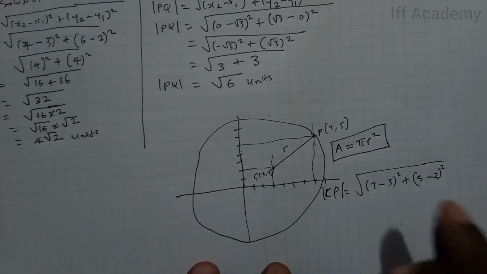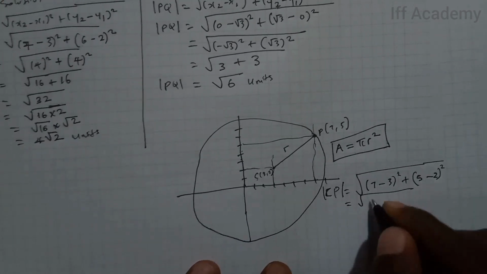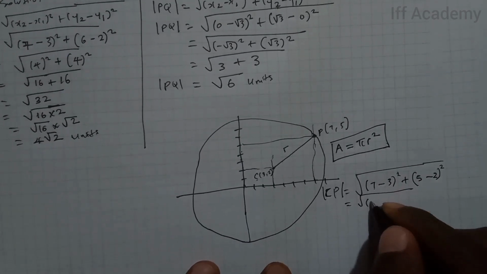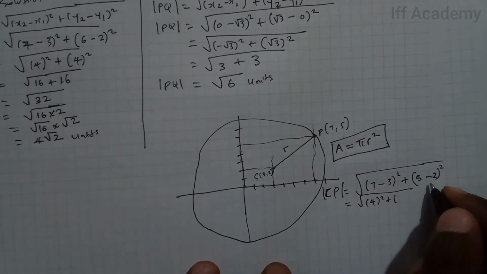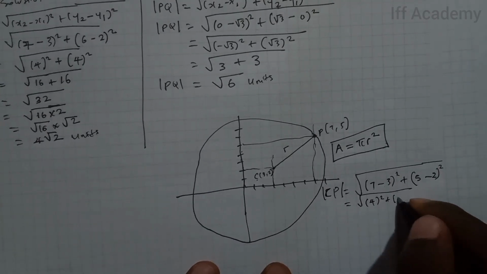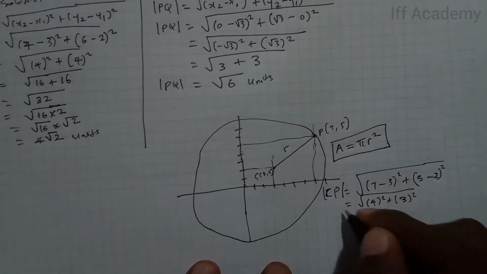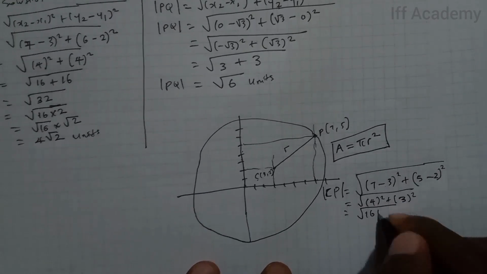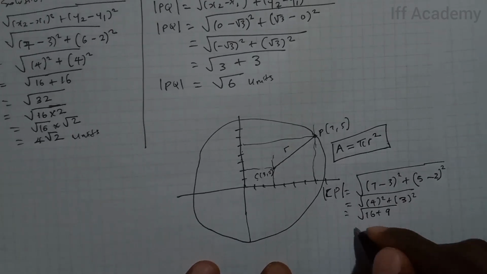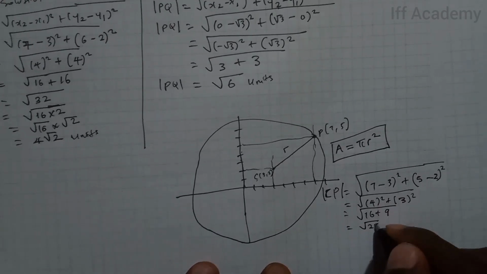Now, from here, we have 7 minus 3 is 4. You have 4 squared plus 5 minus 2 is 3. So we have 3 squared. So from here we have 4 squared is 16, and 3 squared is 9. And 16 plus 9 is 25.